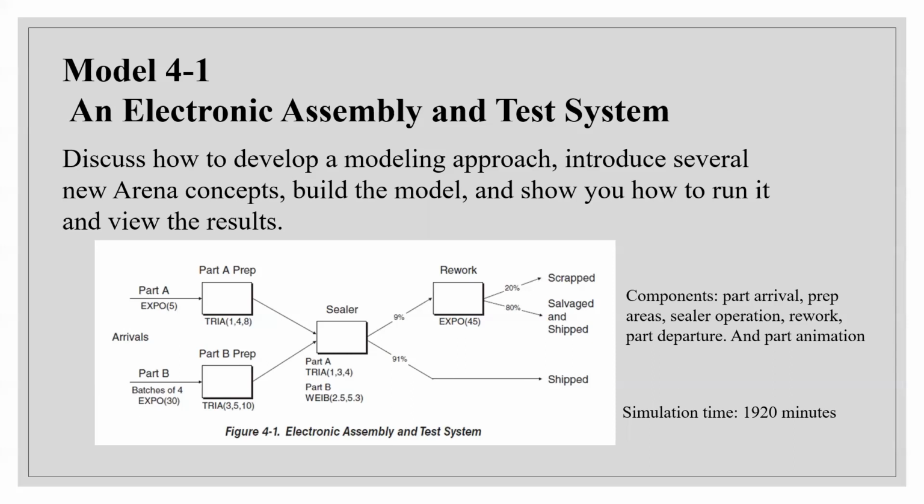The second units, called Part B, are produced in a different building, also outside the model's bounds. They are held until a batch of 4 units is available. The batch is then sent to the final production area that we are modeling.